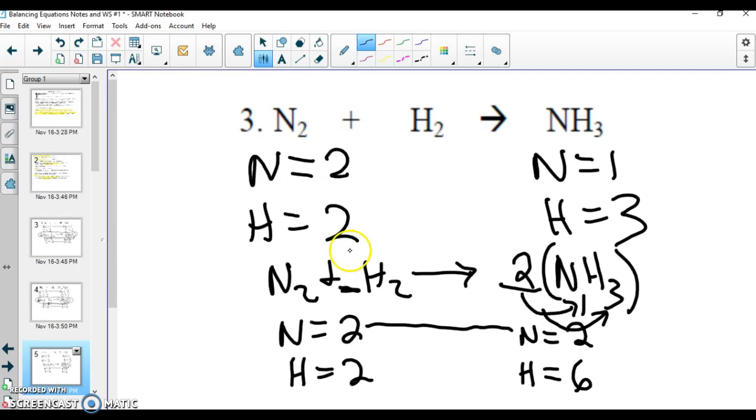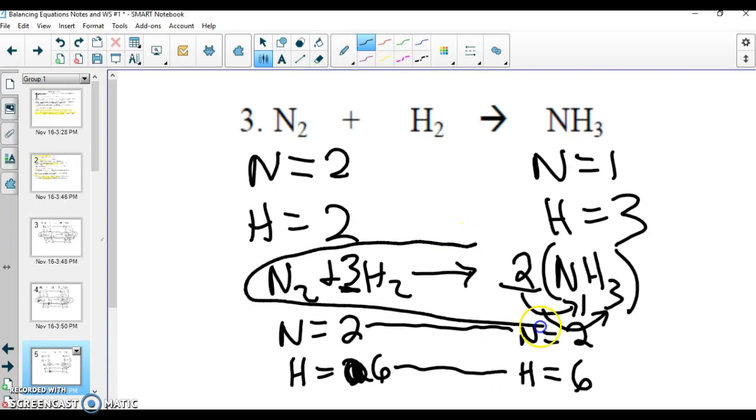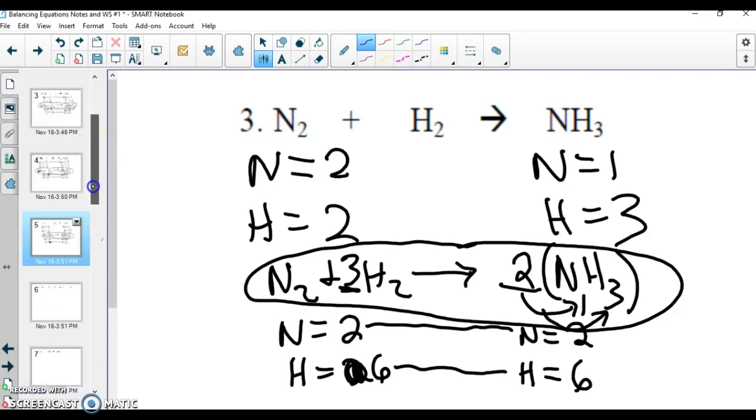So I'm going to put a 3 in front of here because 3 times 2 is going to give me 6 hydrogen. And because there's a plus there, it doesn't have anything to do with that nitrogen. And so I now have 6 hydrogen on either side. This is my balanced equation. I'm going to put a big circle around that because that's the final answer. And then I'm going to write that correct answer on the worksheet.